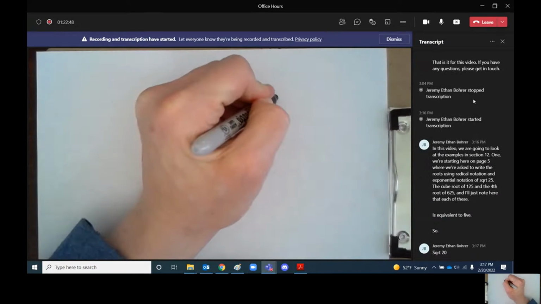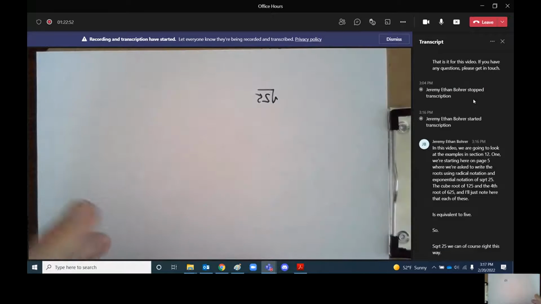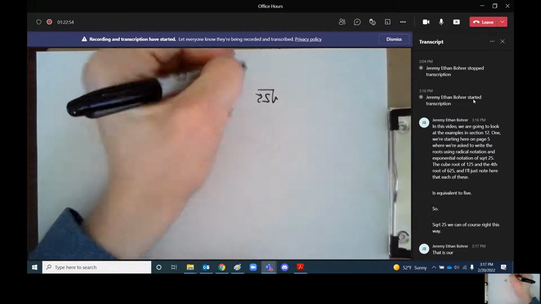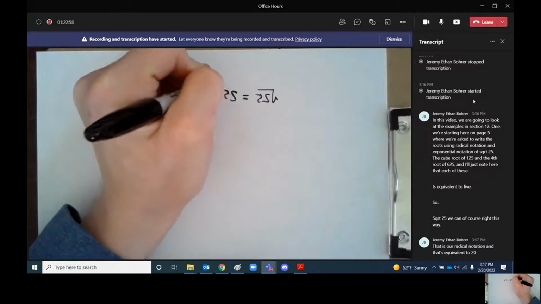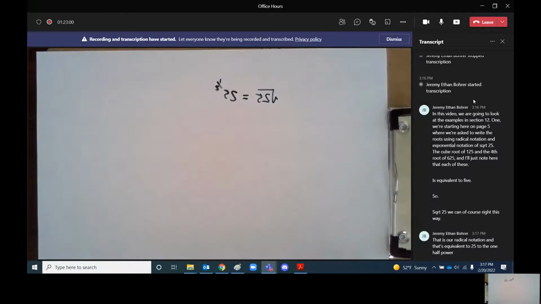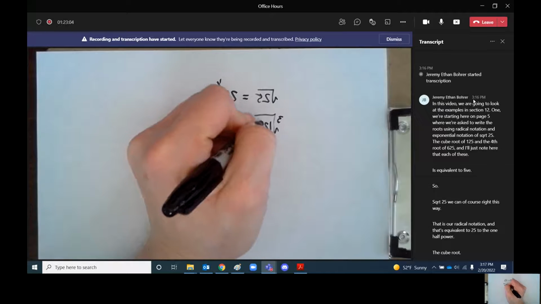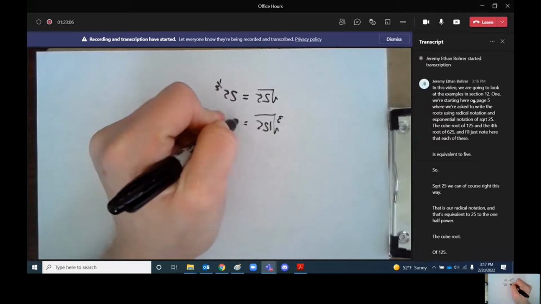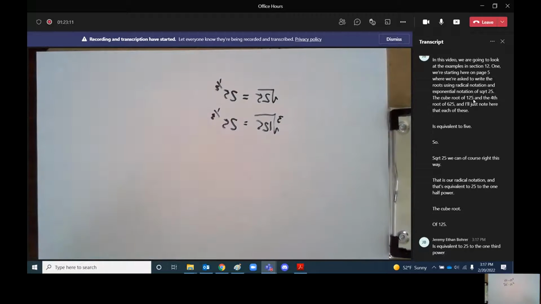So, the square root of 25, we can, of course, write this way. That is our radical notation, and that's equivalent to 25 to the 1/2 power. The cube root of 125 is equivalent to 125 to the 1/3 power.